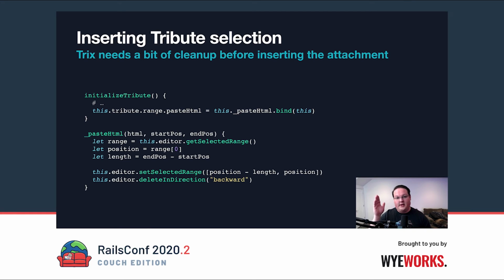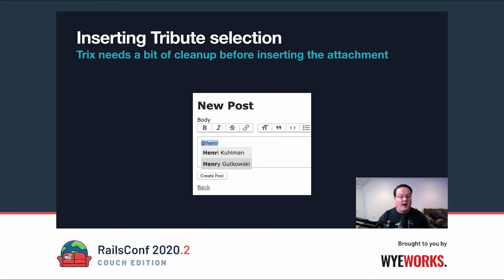It's calculating the length of stuff you've typed, taking the current position, moving back to the @ symbol, and then just deleting all of that with a backspace, basically. So getSelectedRange and setSelectedRange is going to highlight text like you would do with your mouse cursor. And then we delete in direction backward with a backspace. If you delete in direction forward, it's like hitting the delete key instead.